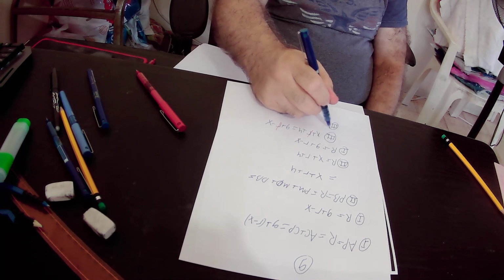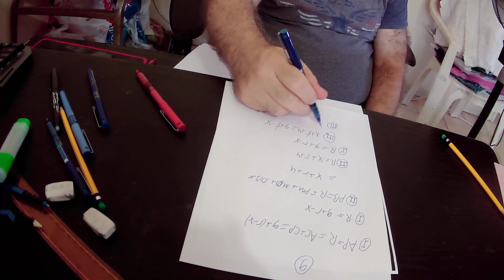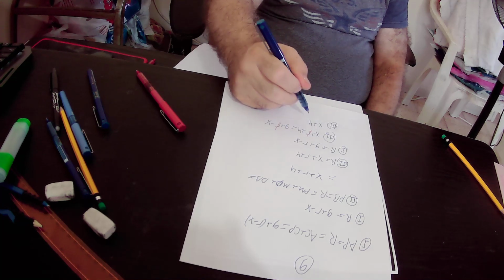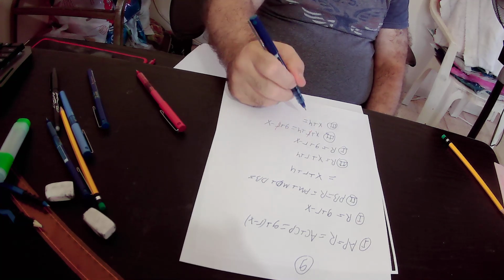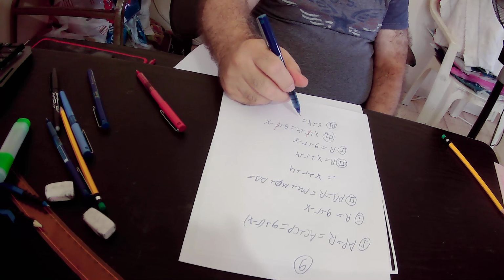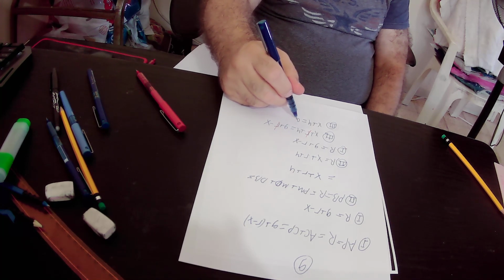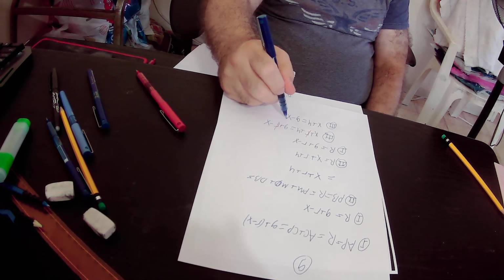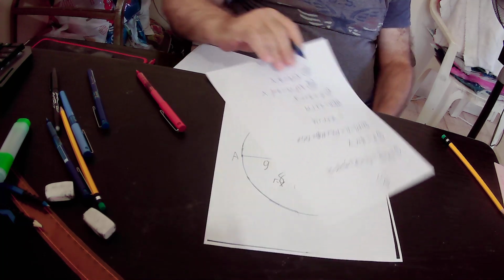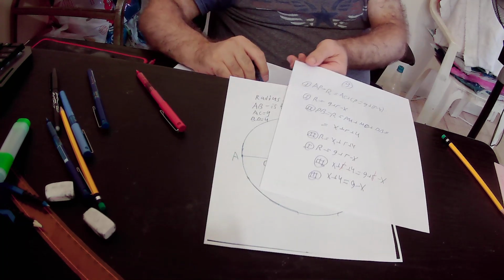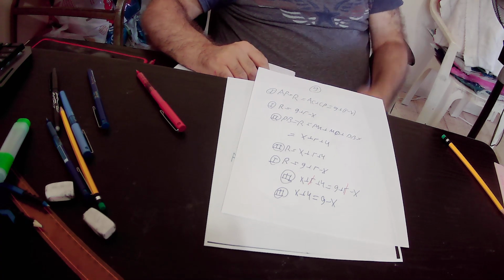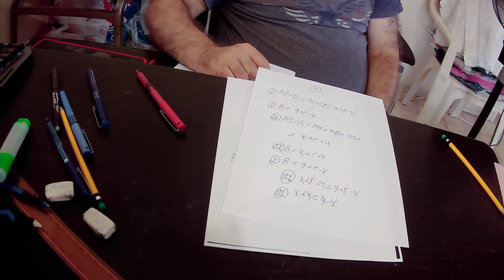What is left is that x plus 4 equals 9 minus x. Okay, x plus 4 equals 9 minus x.